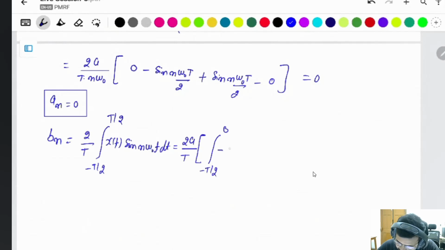This is a negative signal minus of a, that's why this will be minus sine n omega naught t dt, plus integration of 0 to t by 2 positive signal, and this will be sine of n omega naught t dt.